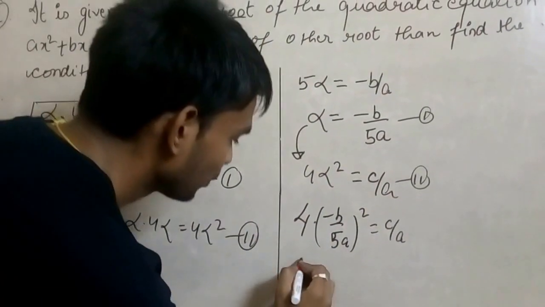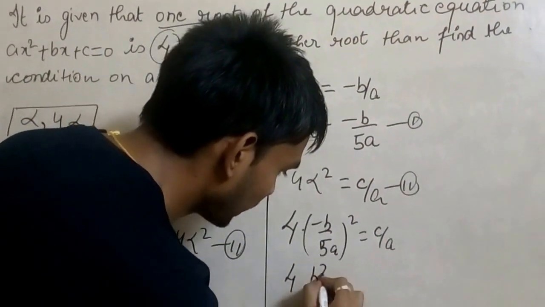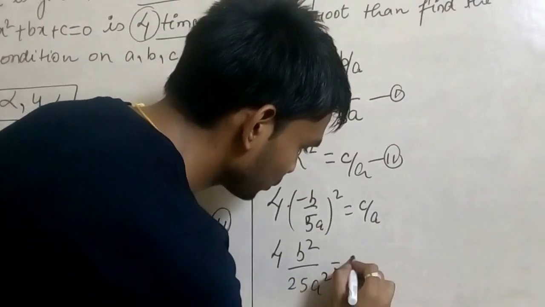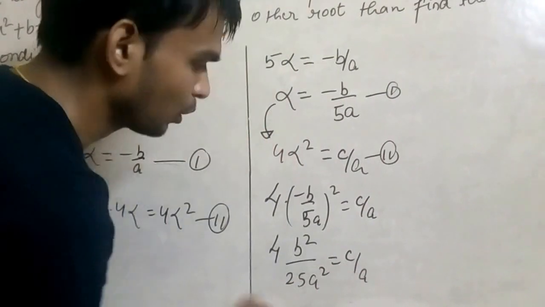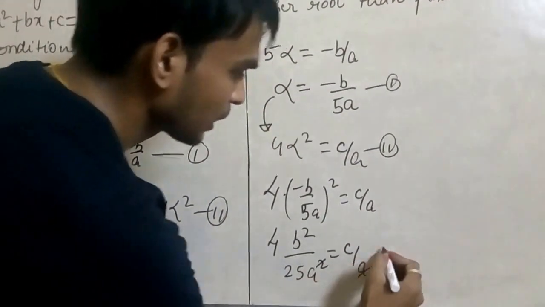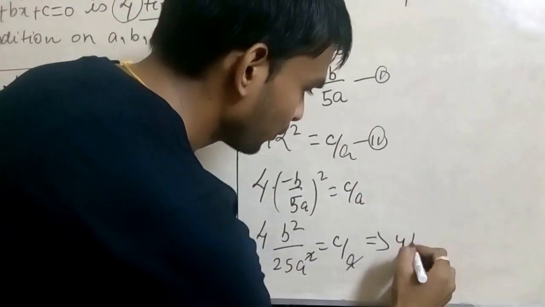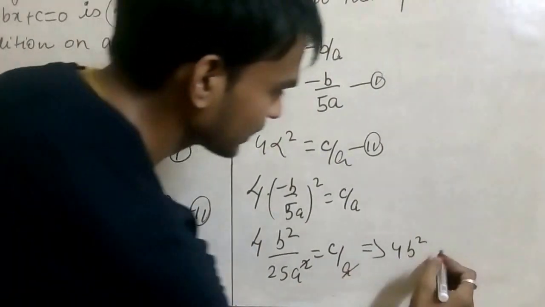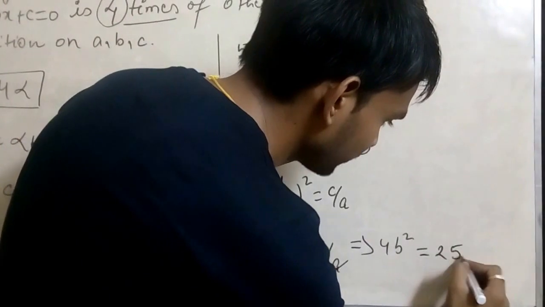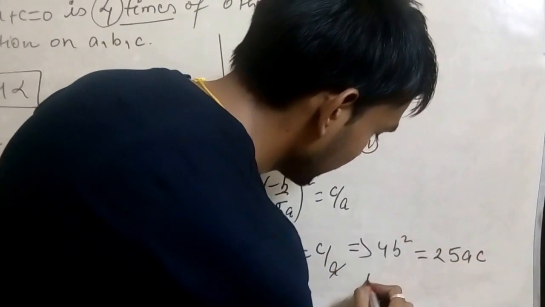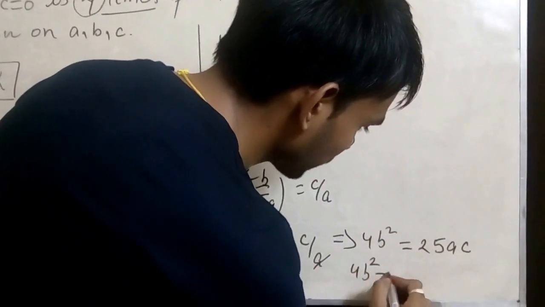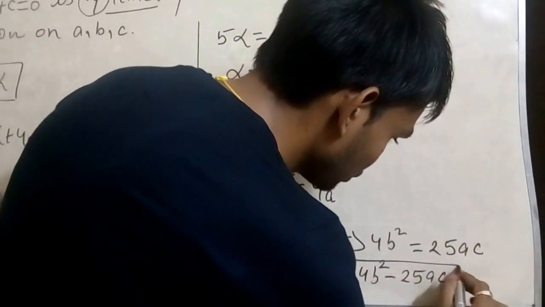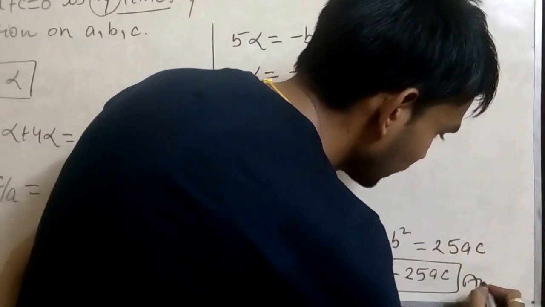Then we get 4 b square divided by 25 a square equals c by a. From here a cancels out. Then we get 4b square. If we do the cross multiplication then we get 25ac. So ultimately we get 4b square minus 25ac. So this is the answer.